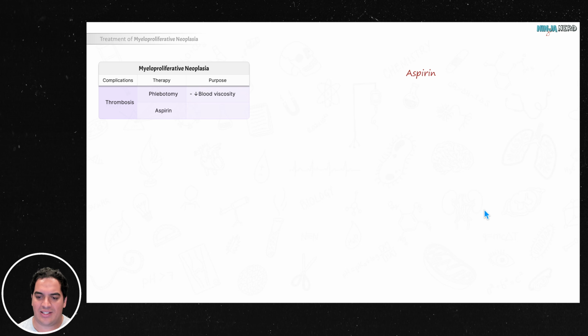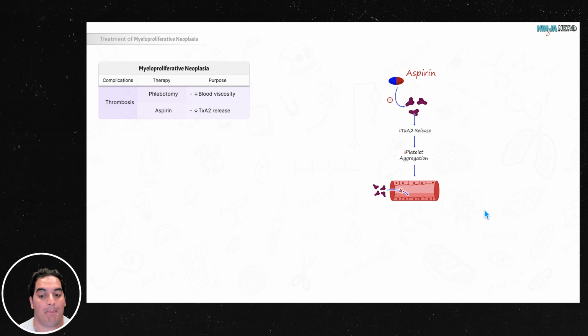Aspirin's pretty much good, I'd say, for any myeloproliferative neoplasia, especially essential thrombocythemia, because the concept behind aspirin is it's suppressing thromboxane A2 release. So we know that this inhibits platelets from releasing thromboxane A2, and that inhibits other platelets from aggregating and sticking and forming that thrombosis, right?